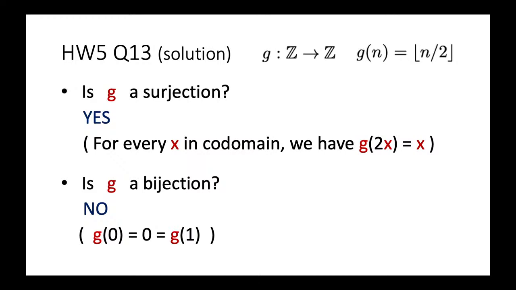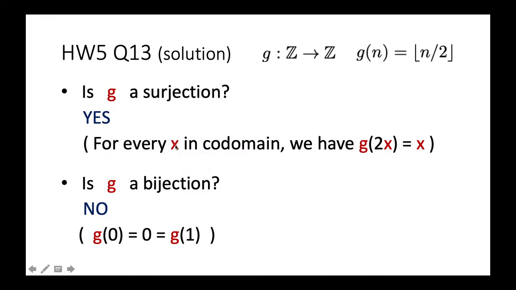We need to understand the meaning of surjection before we can answer this question. Surjection means that every item in the codomain is being mapped by some item from the domain. So in order to show that this is a surjection, we want to make sure that every x in the codomain is really mapped by someone. We give a construction, by setting n to be 2 times x.